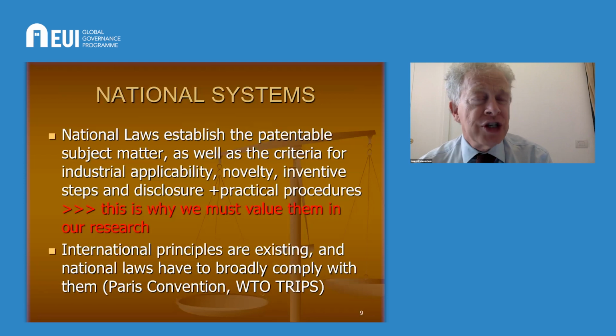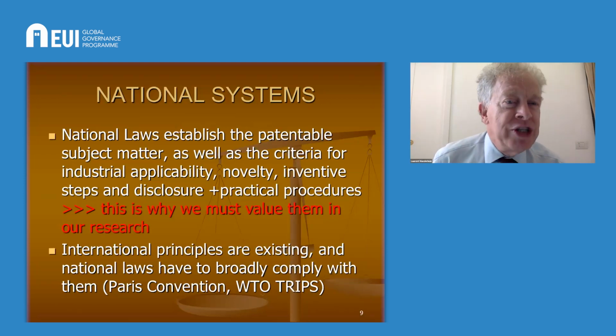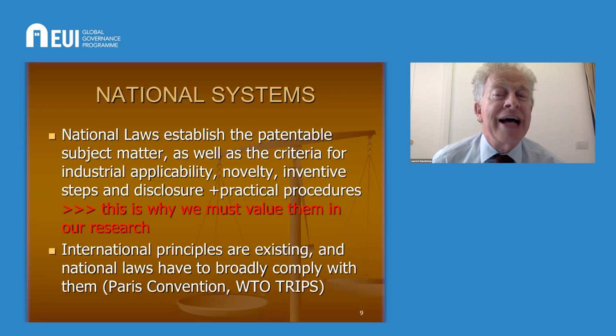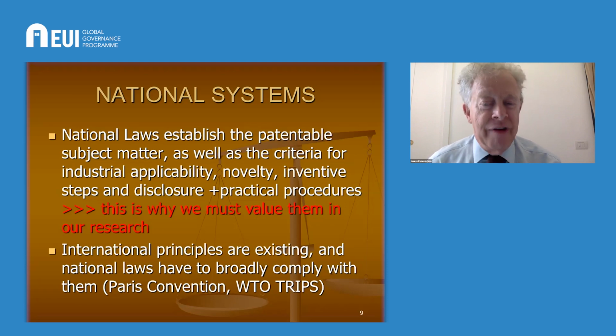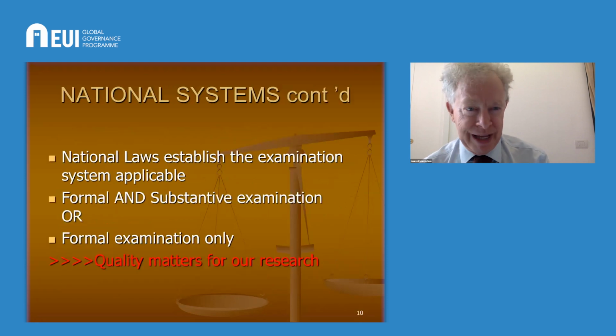Now, national laws, we should remember, establish the patentable subject matter as well as the 5 criteria. And this is why we do watch them. We do watch them mostly on non-discrimination of foreign applicants. Of course, there are international principles, as we have seen, through the WIPO Paris Convention and the WTO under its compulsory chapter, the TRIPS agreement.